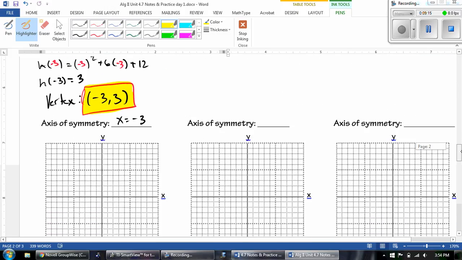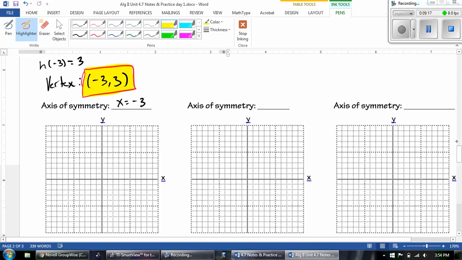So below now, I'm going to start at the point negative 3, positive 3. There's my vertex. Okay, so at negative 3, positive 3, that's where I'm at.